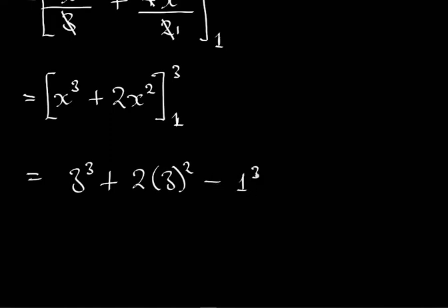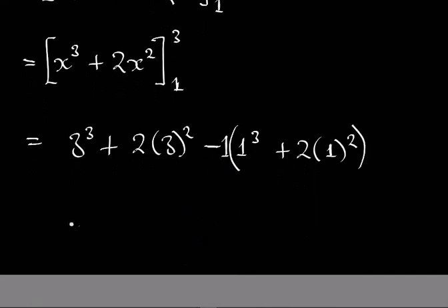Then you say 1 to the power 3 plus 2, 1 to the power 2, right? Now, what happens? Since you've just put a minus here, you think, yeah, everything is alright. Actually, you haven't made much of a mistake. You've integrated very well. But now when replacing your values, this negative here, the best way to treat it is do this. Then you won't get your answer wrong.